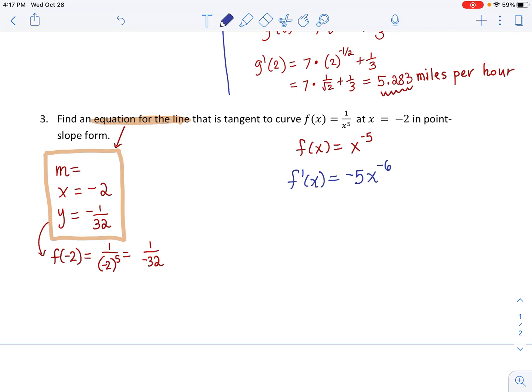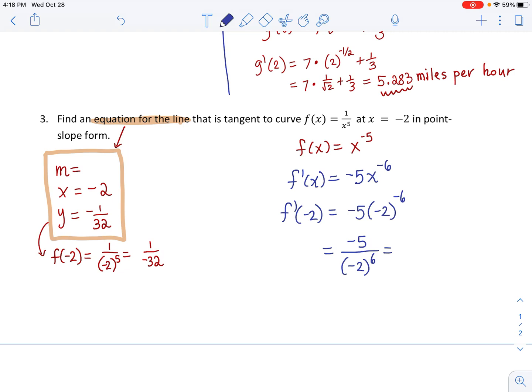Now I'm ready to find the slope. Slope is going to be the answer that I get by plugging in the given x value, x is negative 2, into this derivative function. Negative 5 times negative 2 to the negative 6 power. I don't want to bring up my calculator. I'm just going to try to do this myself. That's negative 5 over negative 2 to the 6th power in the denominator.